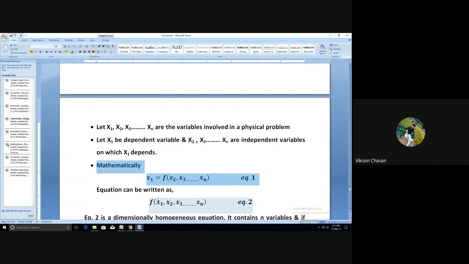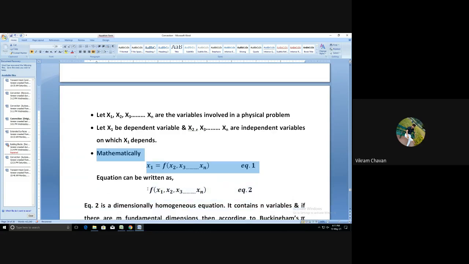Further, we can write the combined equation for the physical phenomena as a function of x1, x2, x3 up to xn.